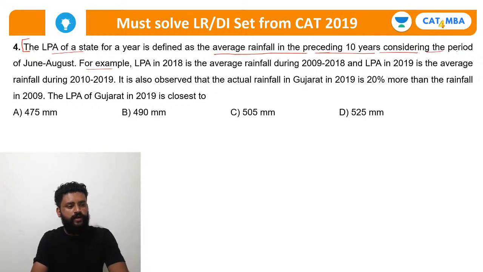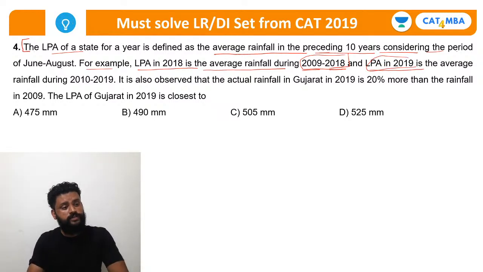For example, LPA for 2018 is the average rainfall during 2009 to 2018, a 10-year average. Then LPA of 2019 will start from 2010 to 2019, that is 10 years, the preceding 10 years. Are you getting this? So this is important.